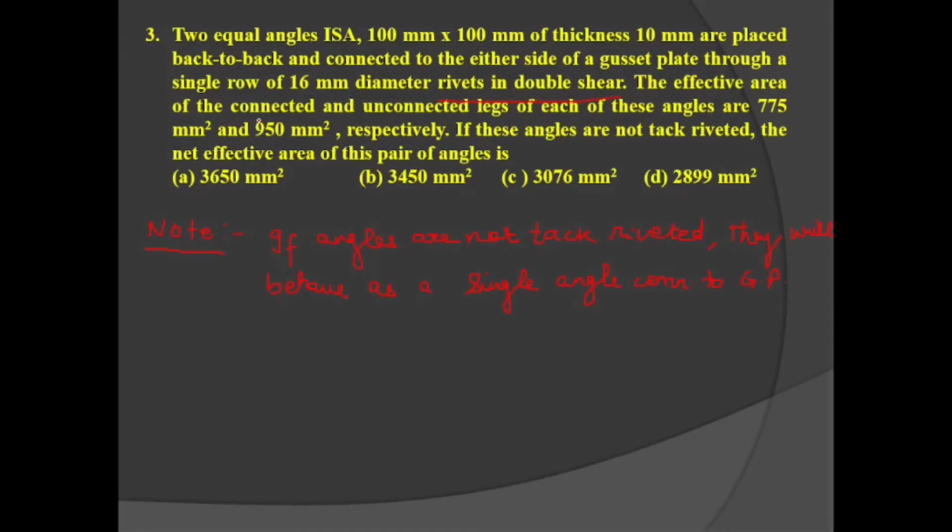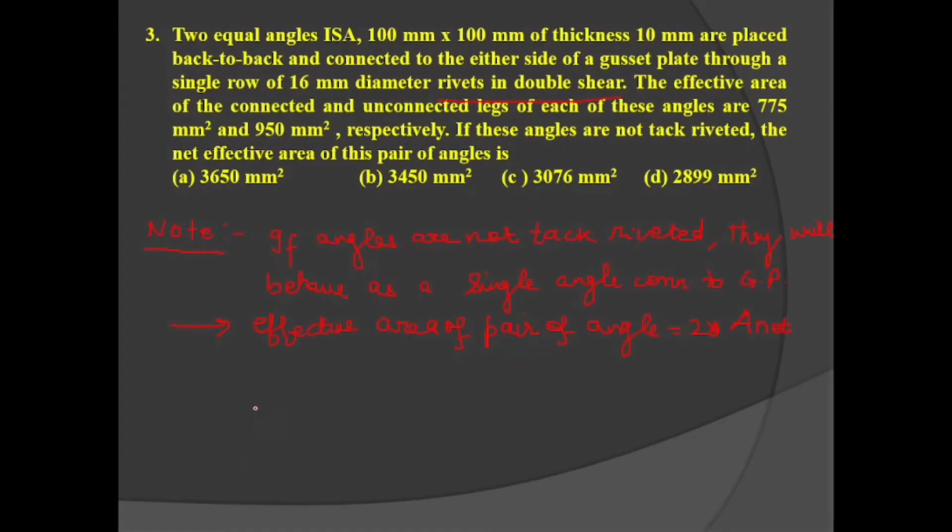So in general, the effective area of the pair of angles is equal to 2 times A net of each angle. Please be careful, very important fundamental. Now A1 is given as 775, A2 is given as 950, but they will behave as a single angle.